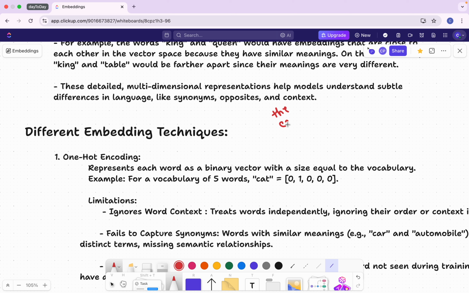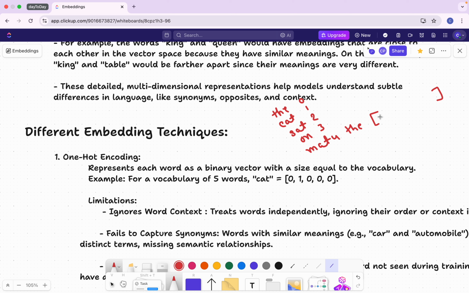Let's say the, cat, sat, on, mat. Then I will assign an id to each word, let's say 0, 1, 2, 3 and 4. So these are the 5 words. Simply, I will create one vector of dimension 5, and let's suppose I want to represent the word the.